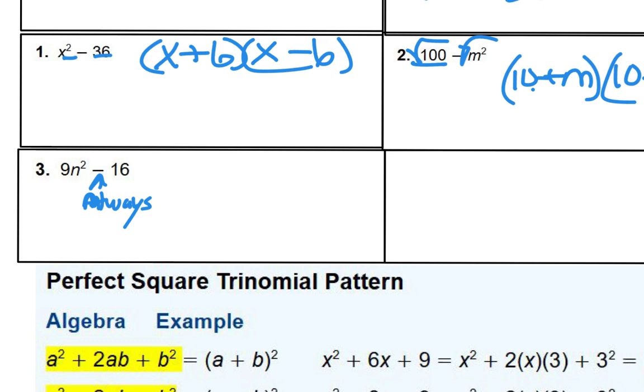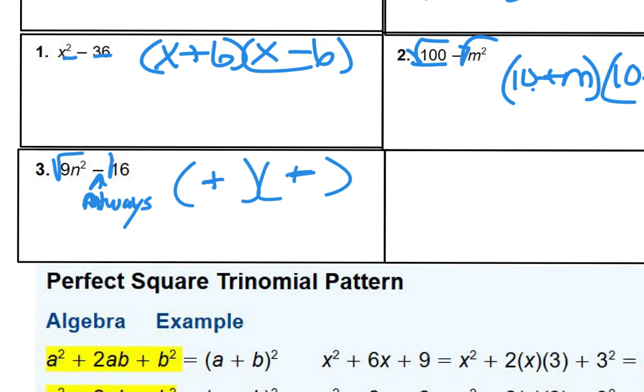If that was 9n squared plus 16, it wouldn't work. We couldn't do it. We'd have to factor it out the other way, because it's called a difference of squares, okay? So one's going to be plus and the other one's going to be minus.